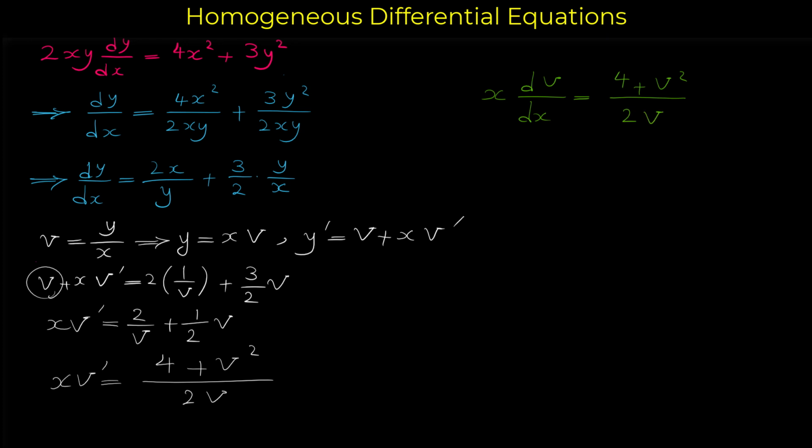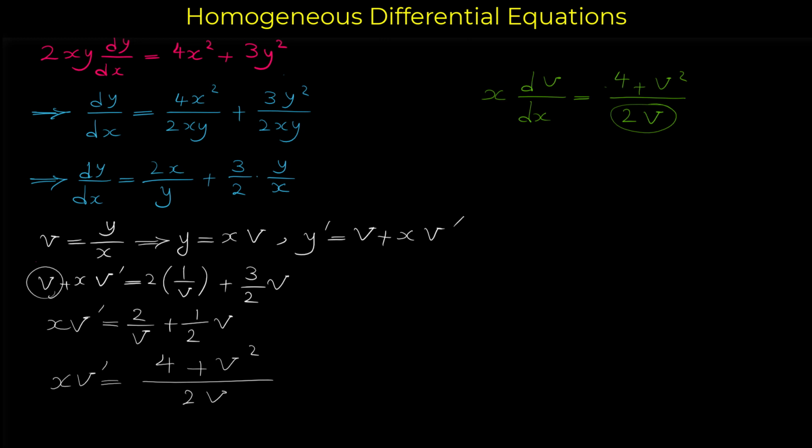We want to separate v from x, so we bring everything that is here to the side that dv is, to the left side, and we bring these to the other side. For doing this we have to do cross multiplication. 2v goes top and this goes down to the denominator. Dx goes to the numerator of the other side, and x goes to the denominator of the other side.